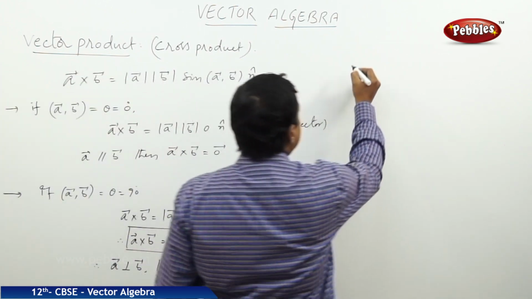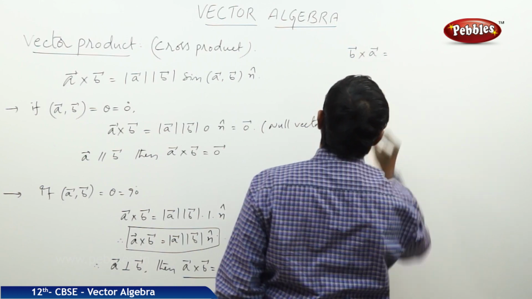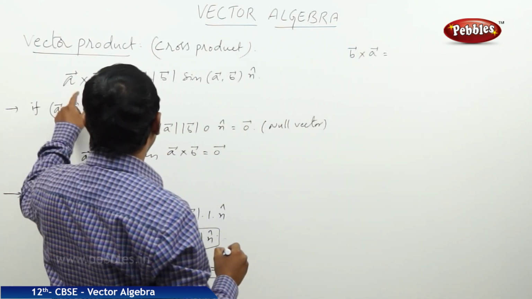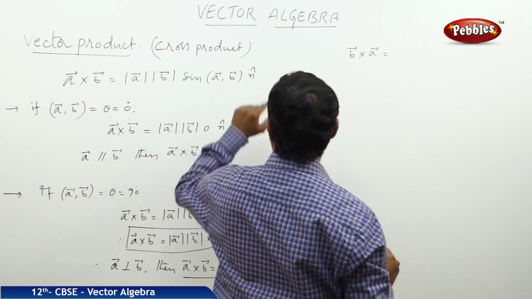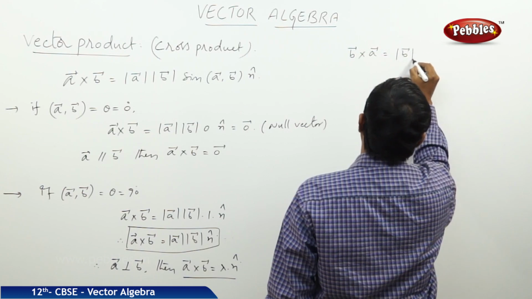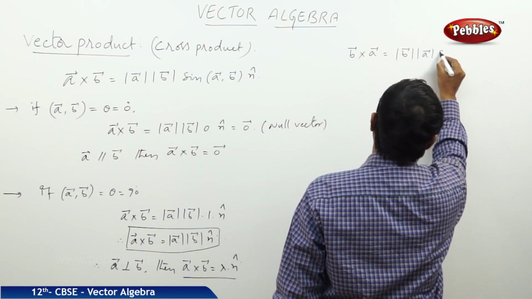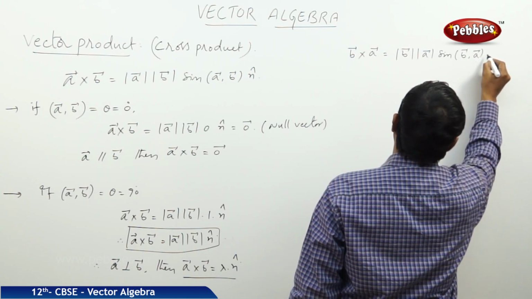Now, let us see what B cross A is. According to the definition of A cross B, it is mod A, mod B, sin of the angle between A and B, n cap. Now, B cross A is equal to modulus of B, modulus of A vector, into sin of the angle between B and A, into n cap.